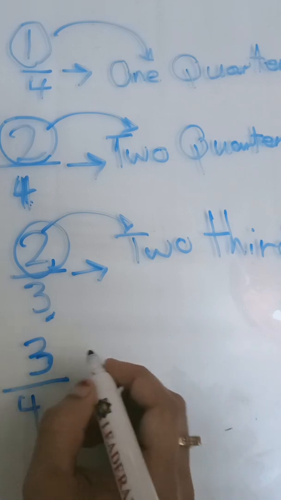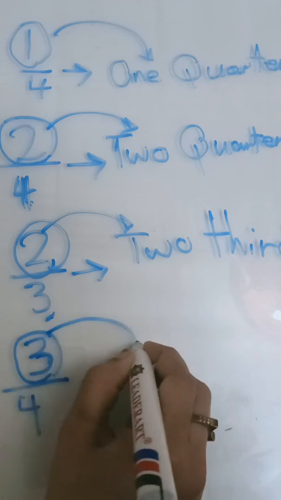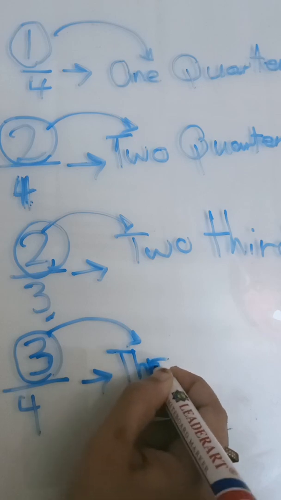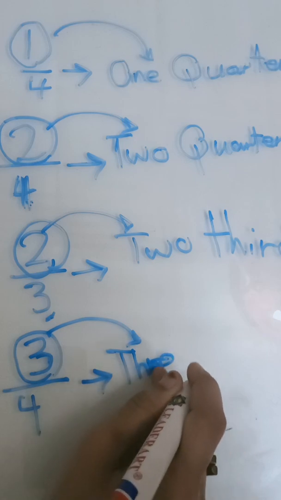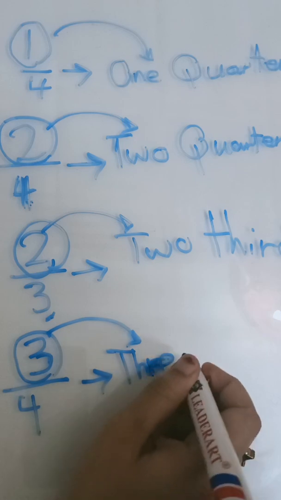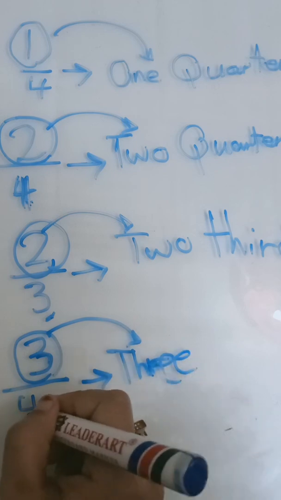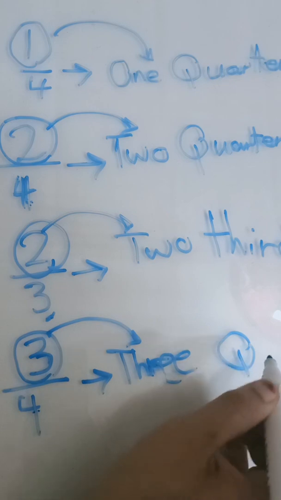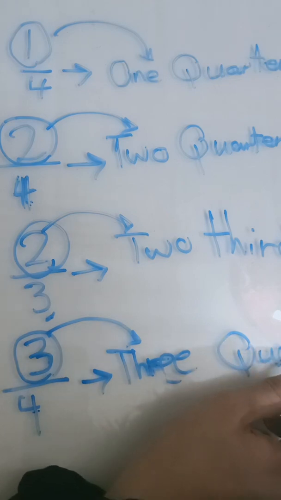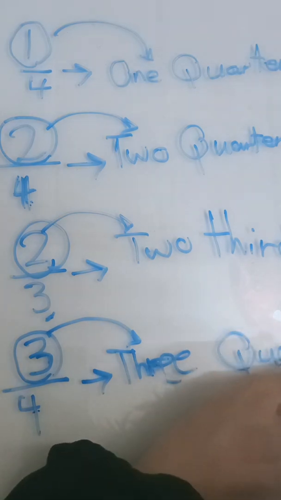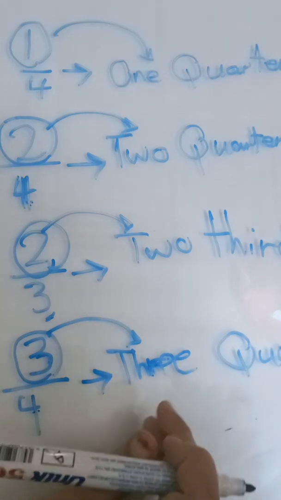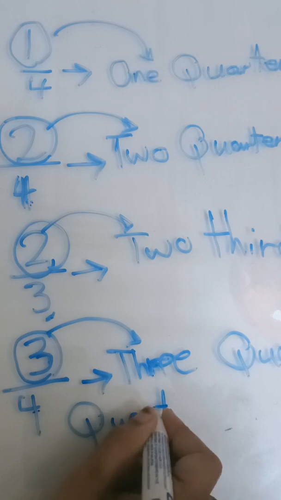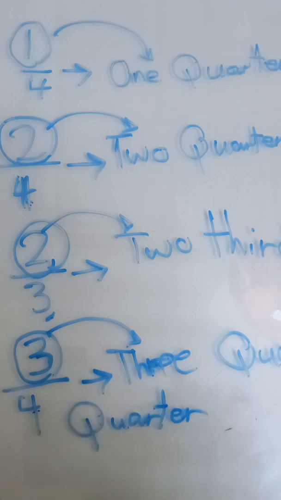Write this, start from the up, write 3. 3 what? 4. 1/4 is called quarter. 3/4. Sorry, quarter here. Okay.